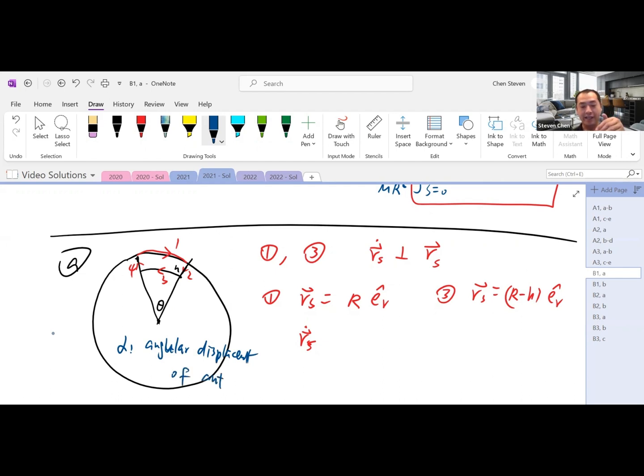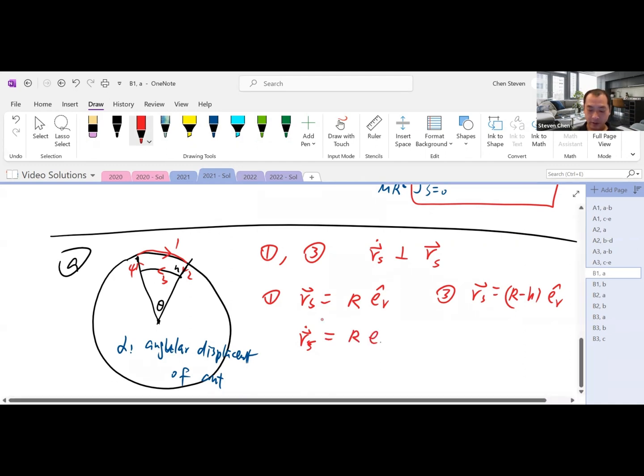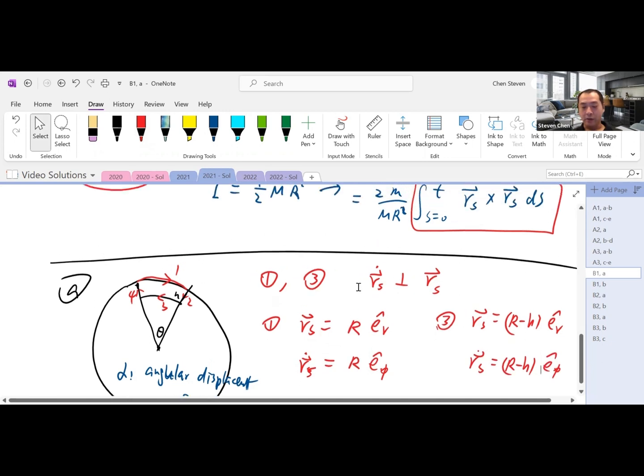Because for trajectory 1 and 3, it moves in the tangential direction, it is equal to the radius times alpha dot e_phi. Okay. And for path 3 it is equal to the radius r minus h times alpha dot e_phi. Okay. So those are about paths 1 and 3.